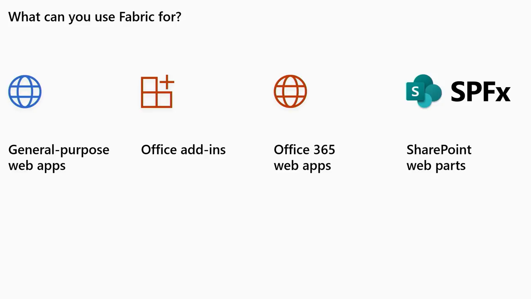For example, you can extend the functionality of Word, PowerPoint, and Excel through the Office add-ins platform. You can also build custom Office 365 web apps that connect to the graph. And you can use the SharePoint framework to build web parts that extend your team and communication sites. So as you can see, there are a bunch of ways that you can start using Fabric React to build Fluent web experiences today.